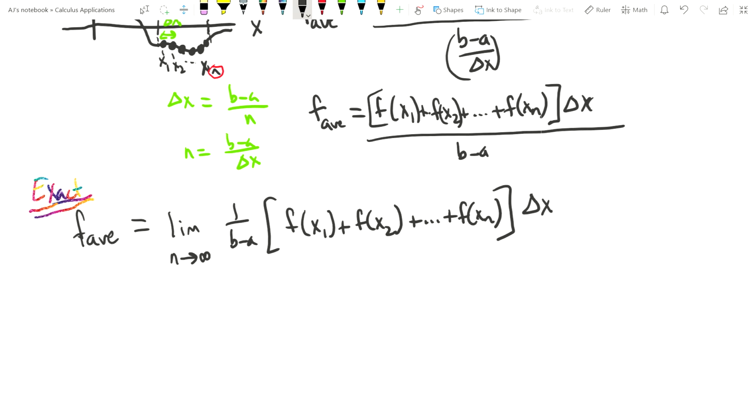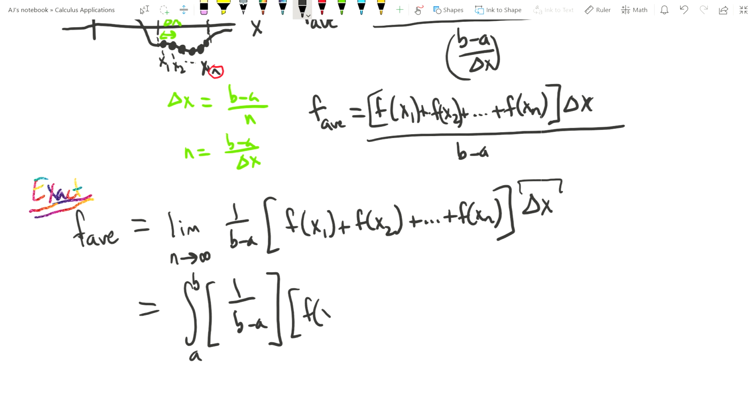Once we take the limit as n goes to infinity of a sum such as this, where delta x is the distance between adjacent x values, what this becomes is the integral, from a to b because we're dealing with the average value of the function between a and b, of 1 over b minus a times f of x dx.